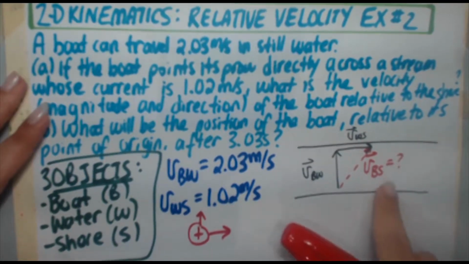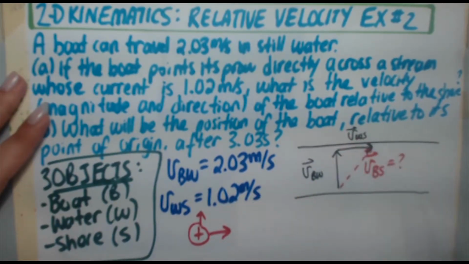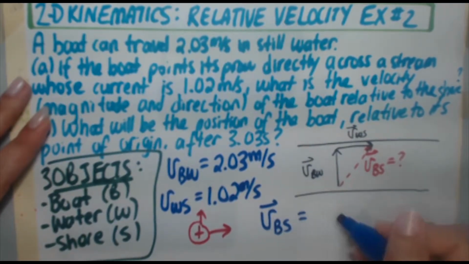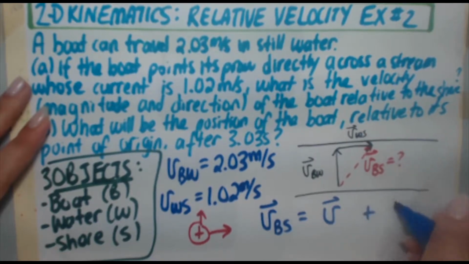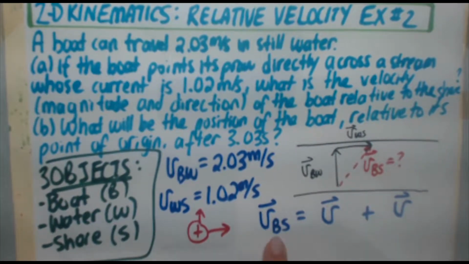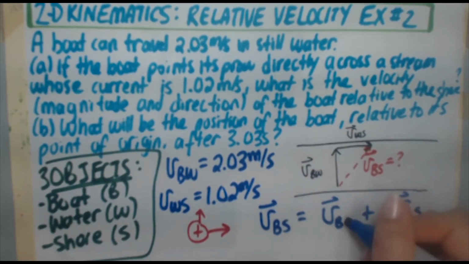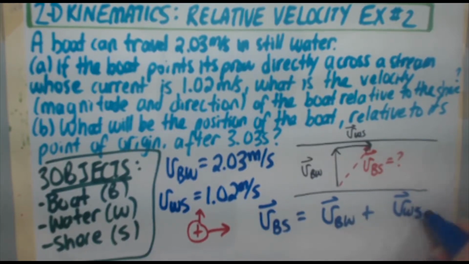And if you take a look at those subscripts, you've got BW and WS. Remember, back to video 48, we talked about how we come up with the expression. So if you're looking for VBS, you start by writing down your two V symbols. Now the first letter you see here, the B, is the first subscript of the first V, and the second letter S here is the second subscript of the second V. Now you fill it in with the remaining letter, which is W. So VBW plus VWS, and those are exactly what we're given in the problem.